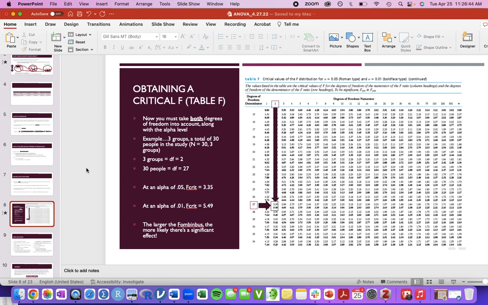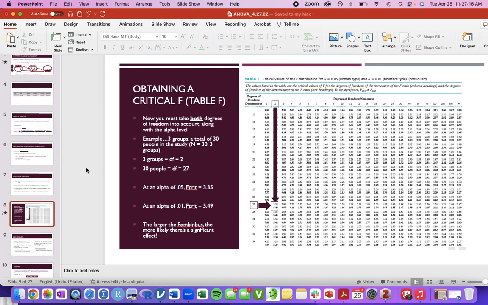We want to know our alpha level, whether it's 0.05 or 0.01, and we want to know our between groups DF and our within groups DF. Before I get into an example, I want to mention that our between groups DF is our numerator, so the number that you do first, and our within groups DF is our denominator, so the number you do second.